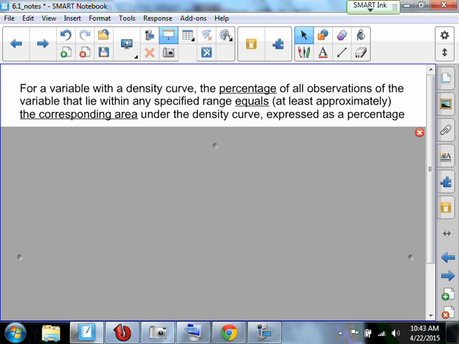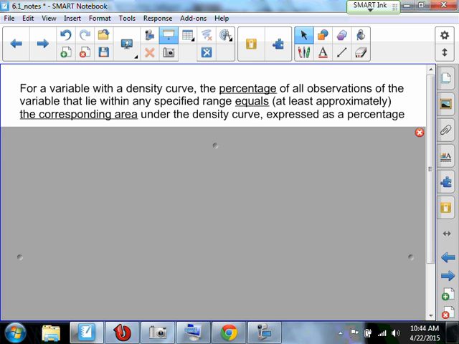So we're talking about a variable, something that changes from one person to the next. We would come up with a frequency distribution of it, and consequently a density curve. Key fact 1 said the total area under the curve but above that horizontal axis equals 1.